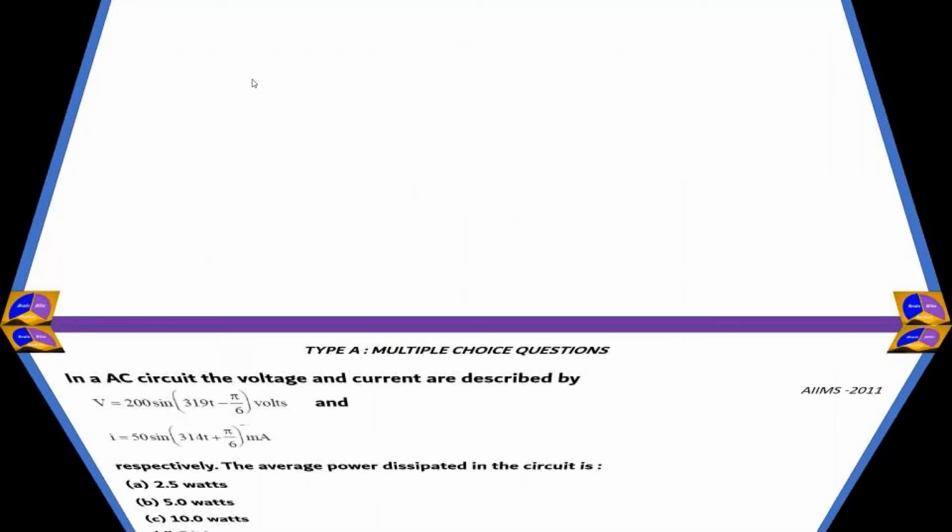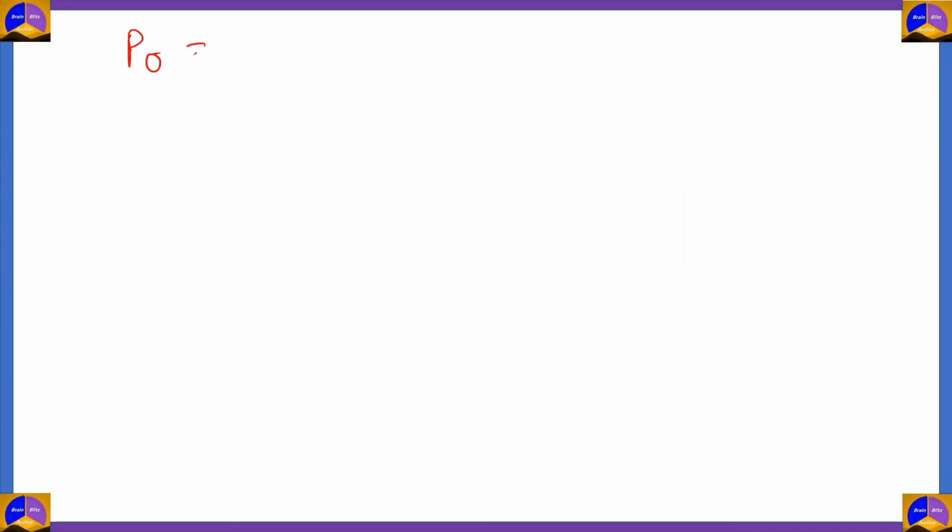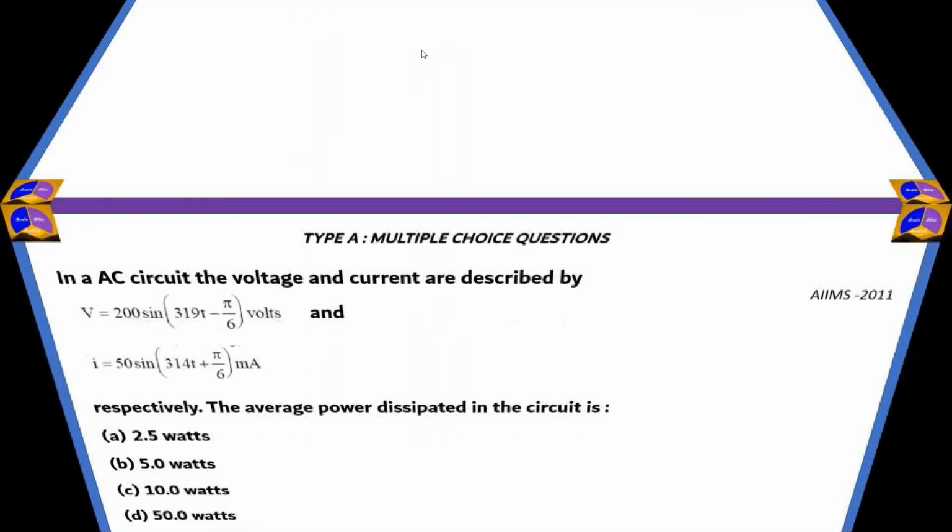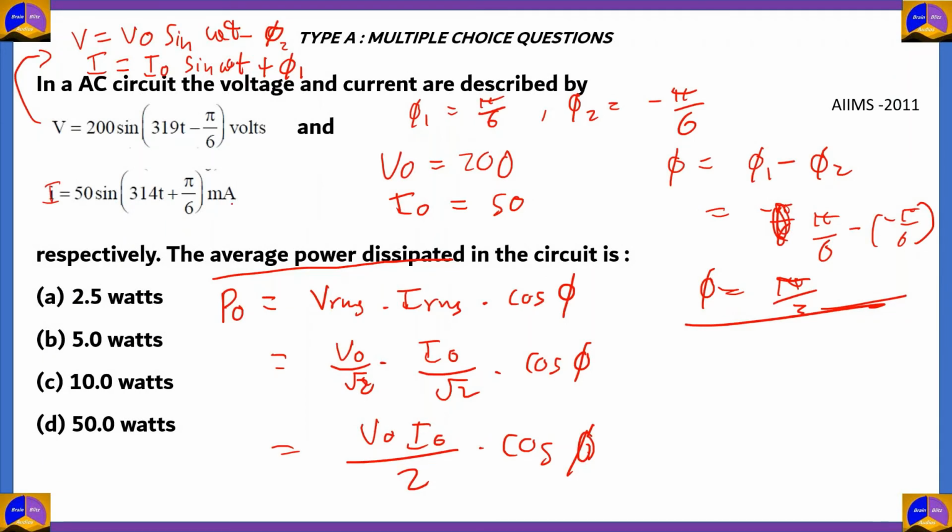Let's plug in the values. So P0 is equal to the average value of the EMF is 200 times the average value of current is 50. But in this equation, the unit is in milliamperes.